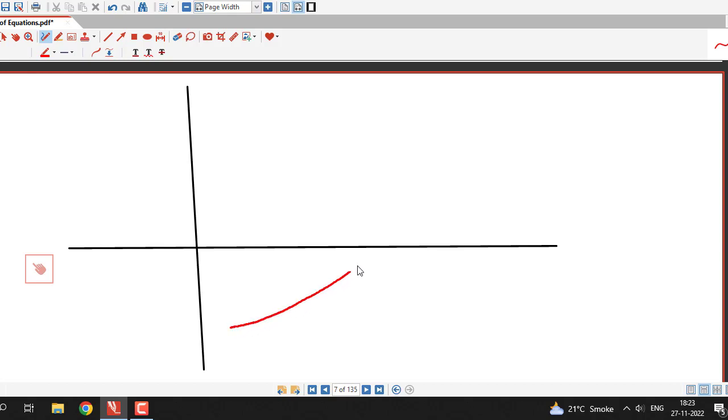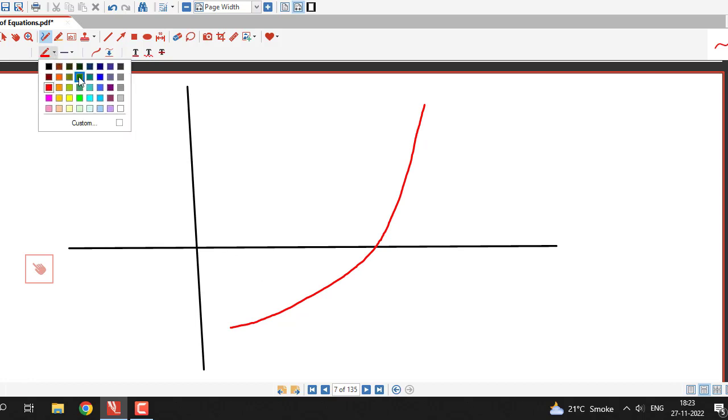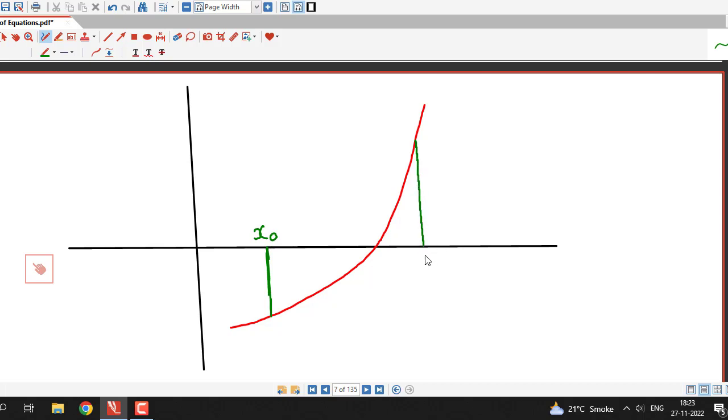For example, suppose our graph looks like this. Then we can see that at this point the value of the function is negative. Suppose I denote this point by x0, and at this point x1 the value of the function is positive. So our root lies in between x0 and x1, and this is the graph of y equal to f(x).